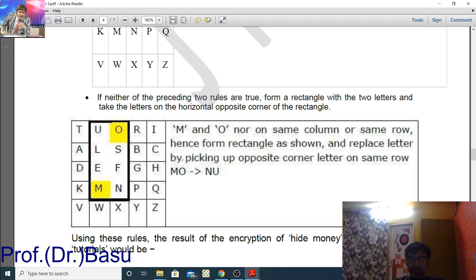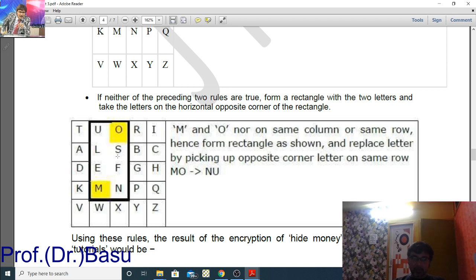By picking up the opposite corner letter in the same row, M will be replaced by N. The opposite corner of O is U, right?